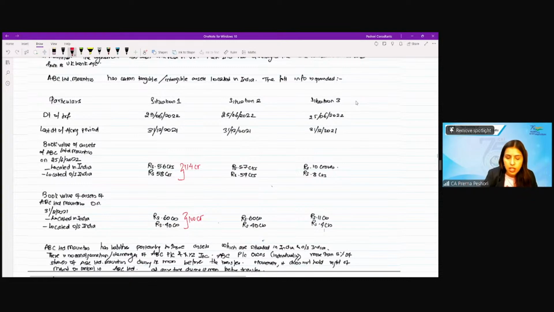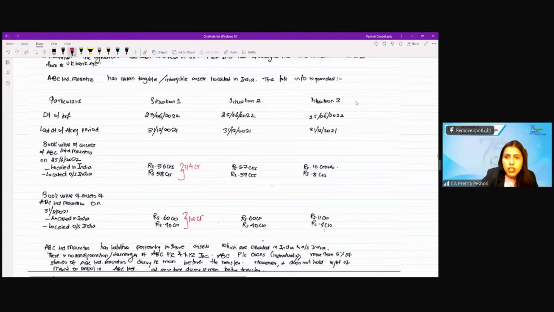Are we understanding this point? So 114 crore is lesser than 115% of the book value as on the last day of the accounting year. Therefore, the specified date will be the last day of the accounting year end. That is right, Ankit. It will be 31st December 2021.